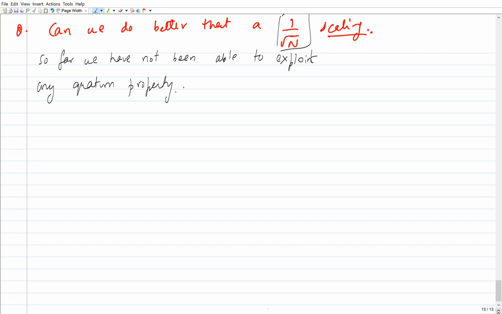So let's explore that. So now, using entangled atoms or quantum states for interferometry or metrology.